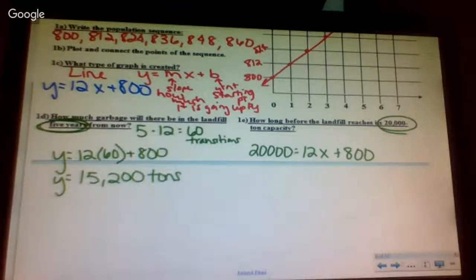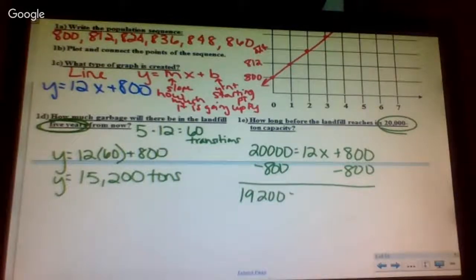You subtract 800. So 19,200 equals 12x. Divide by 12. So what does x equal? 1,600.